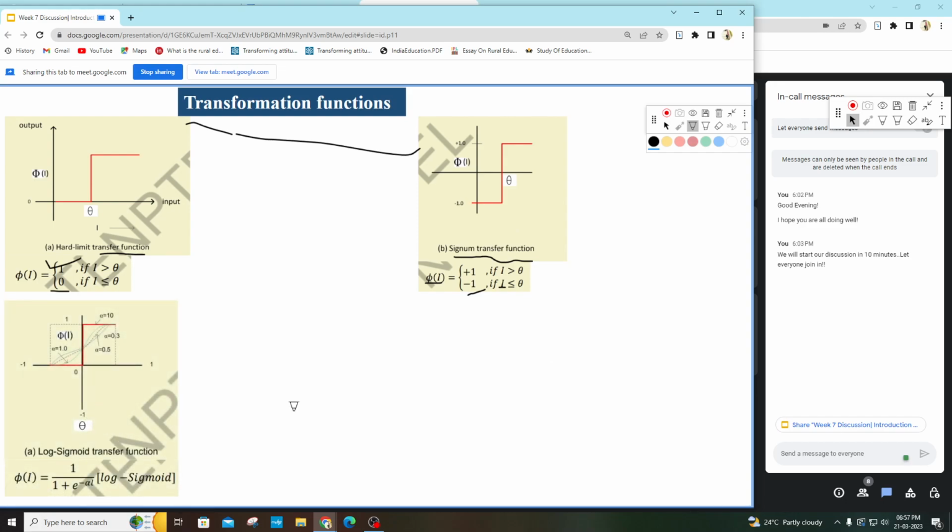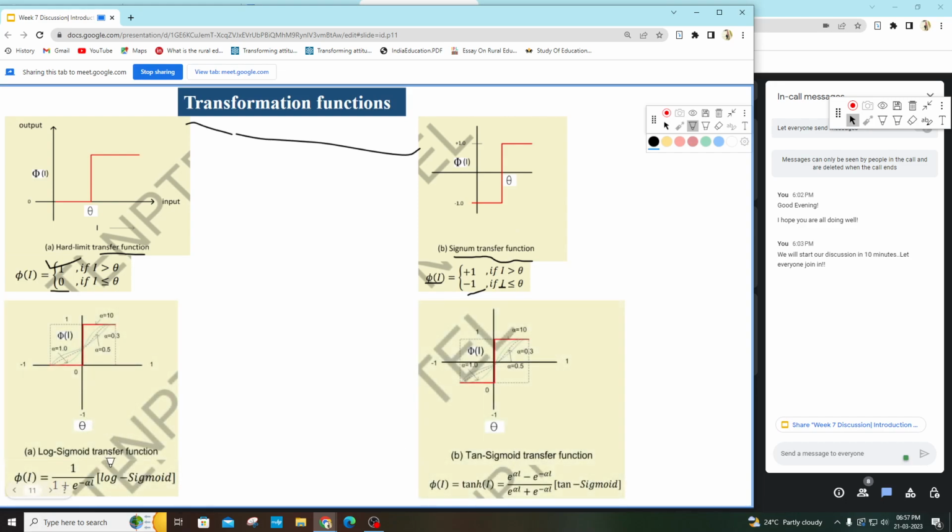Similarly, we have two other transfer functions. These are more complex transfer functions. One is the log sigmoid transfer function and the other is the tan sigmoid transfer function. This is the formula for them. When you get the O1, or this small l, you put it here and the answer you get will be your output.